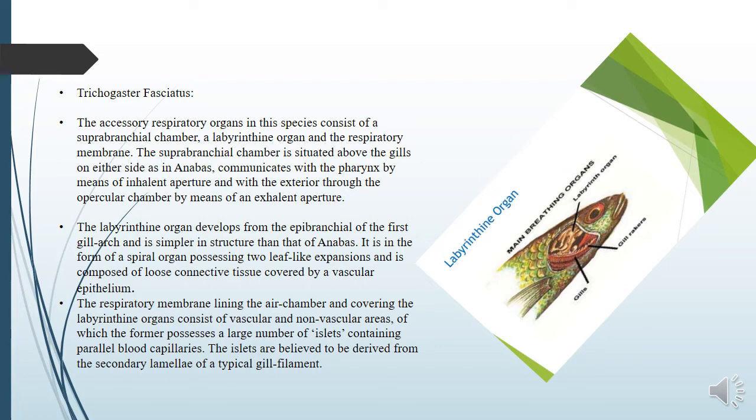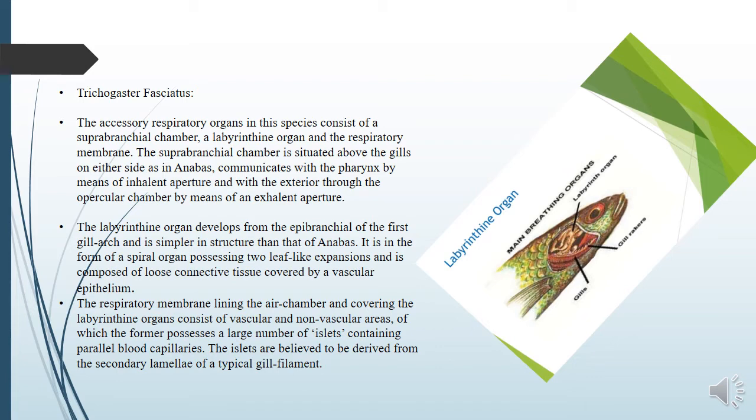The labyrinthine organ is developed from the epibranchial of the first gill arch and is simpler in structure than that of Anabas. It is in the form of a spiral organ possessing two leaf-like expansions and is composed of loose connective tissue covered by a vascular epithelium.